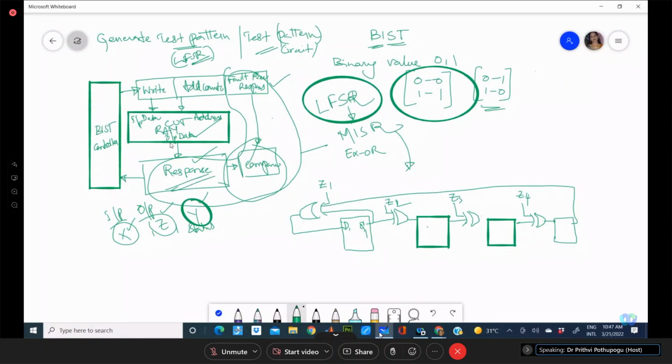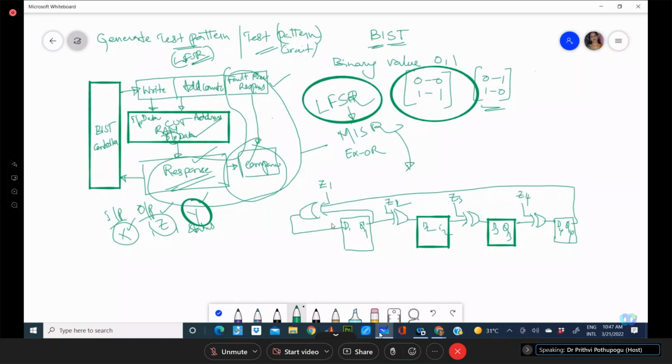So the output of the circuit will be fed to the linear feedback shift register in such a way that, in parallel, the test pattern you get from this shift register will be compared with the system response. If they are the same, then the output of this will be 0, else it will be different, that means you will get 1.